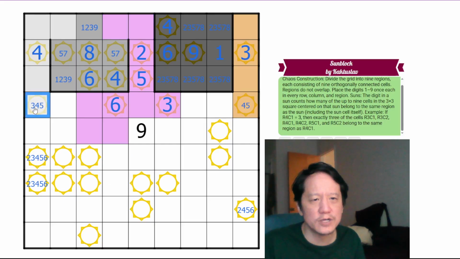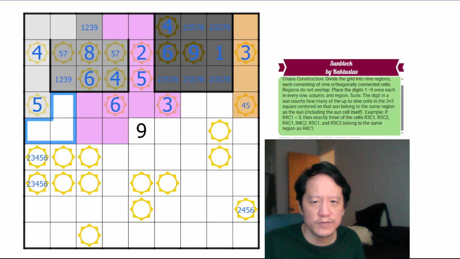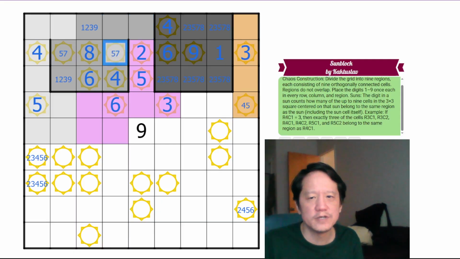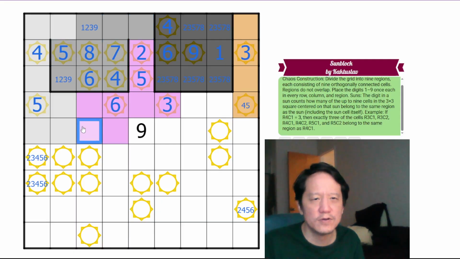That seems okay. This can't be 3 or 4, so that would force this to be 5, which means all of these are light. So this is medium. In that instance, this would be 7, this would be 5. That seems okay. 1, 2, 3, 4, 5, 6, 7, 8. And then one of these would be 9, and would have to be 3, interestingly enough.